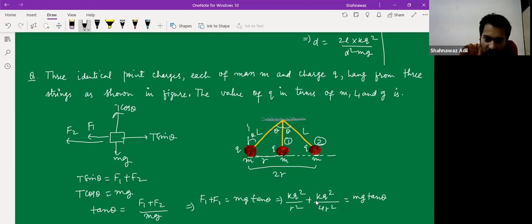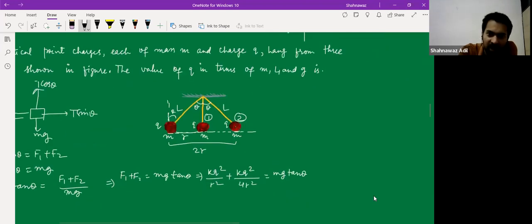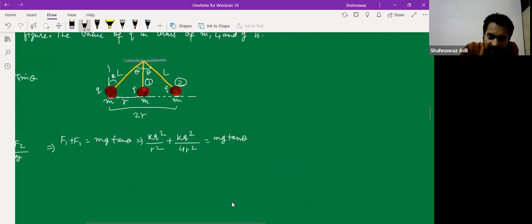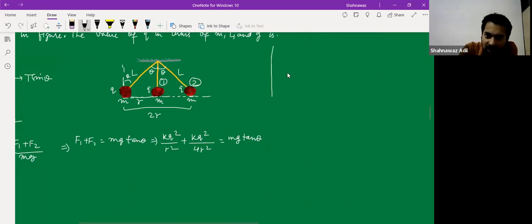So let's take kq square by r square common. So kq square by r square is common, so this is 1 plus 1 by 4. So this is mg tan theta. And this would be how much? kq square by r square, 5 by 4.